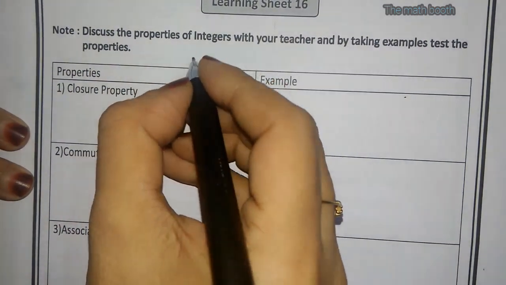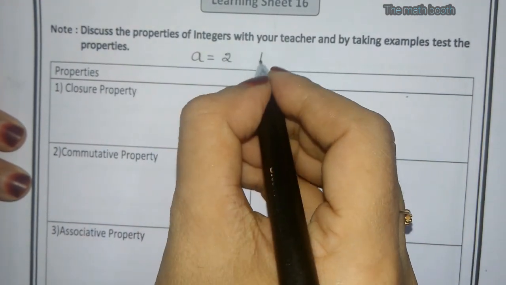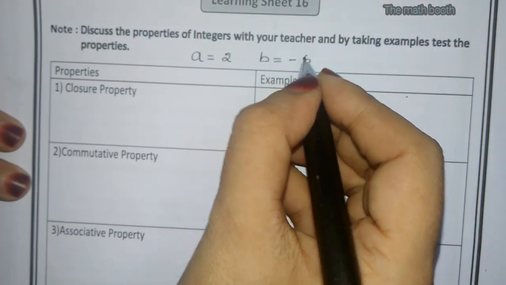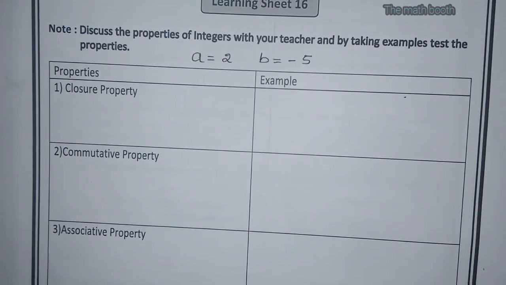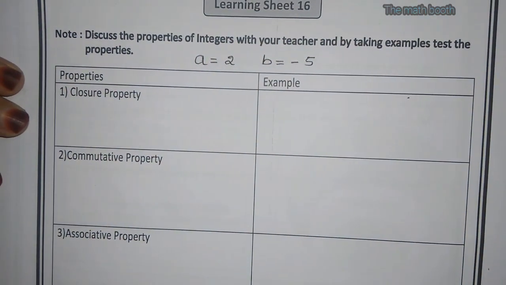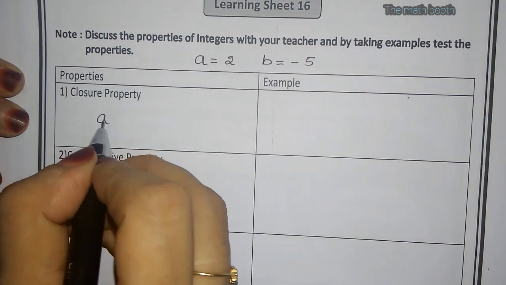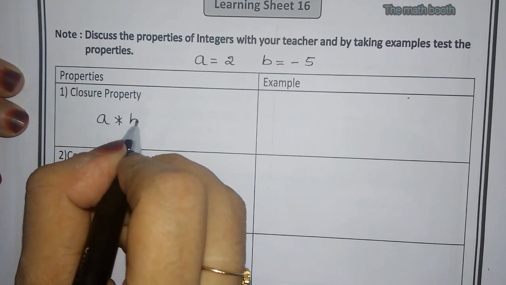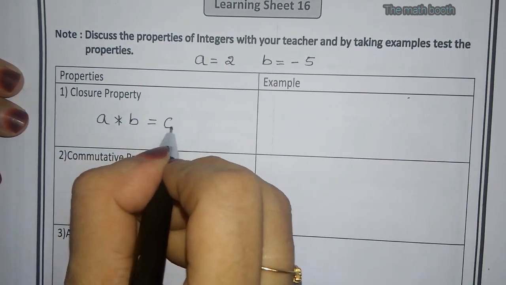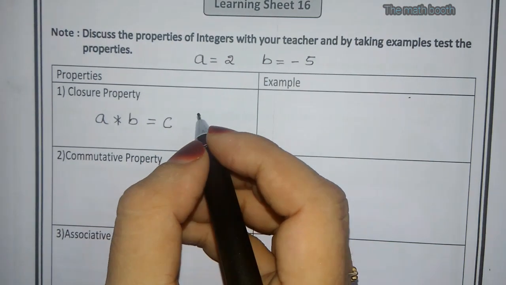I am taking the example a as 2 and b is equal to minus 5, because positive and negative numbers together are integers. Closure property is a star b is equal to c, which should belong to Z.